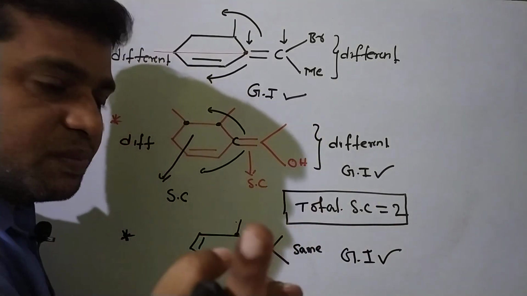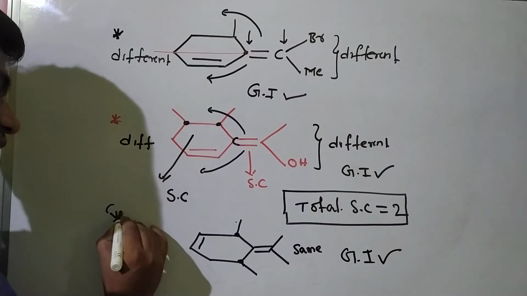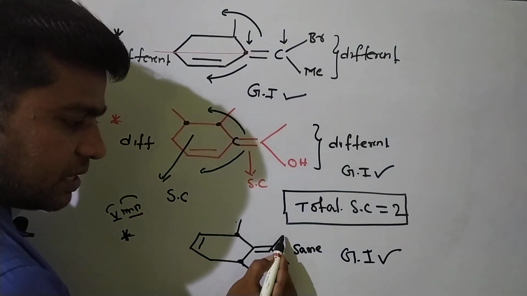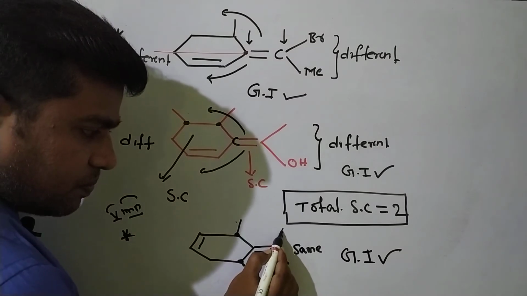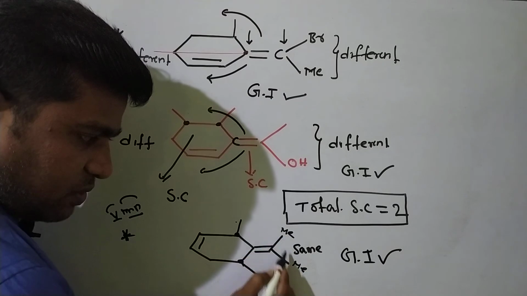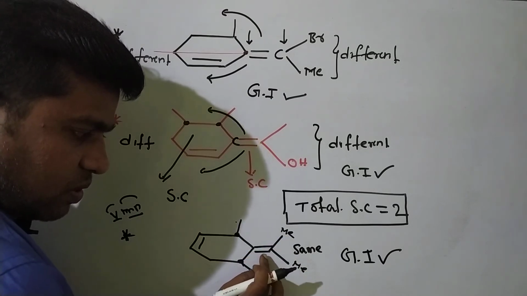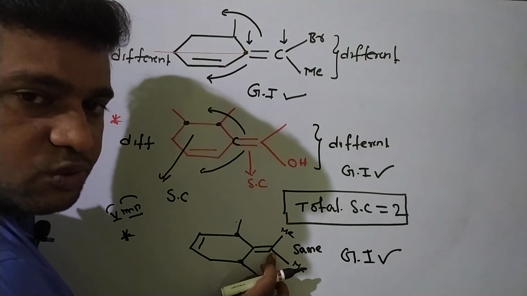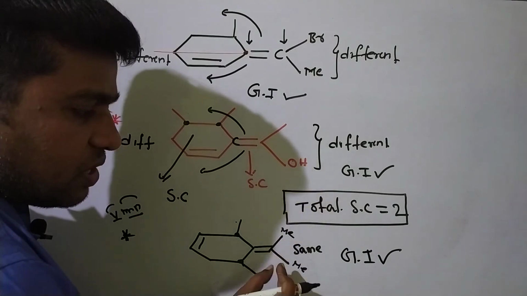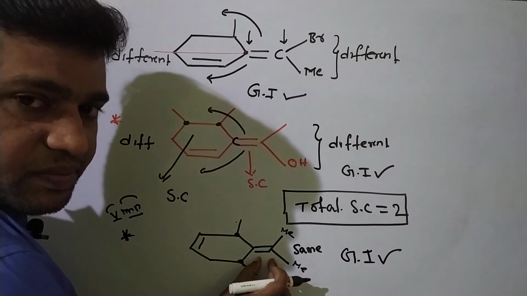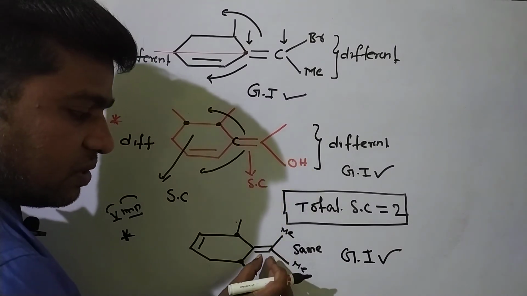Once again I will explain, this is very important, some people have doubt. Here this is a methyl group, and this again a methyl group, these are the same groups. So this carbon-carbon double bond does not act as a stereo center, which means geometrical isomerism does not exist.